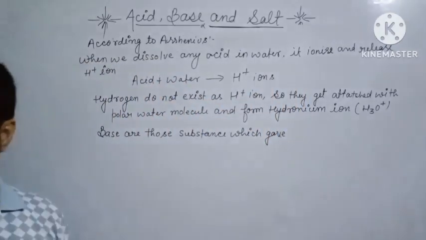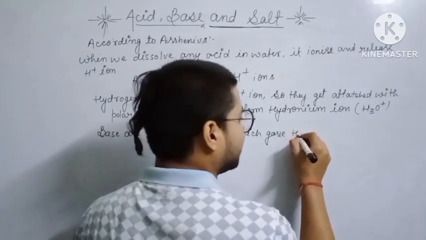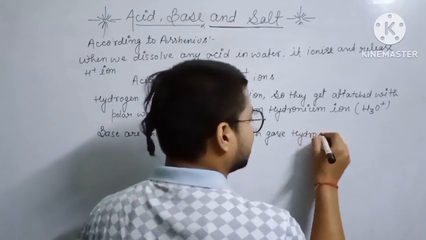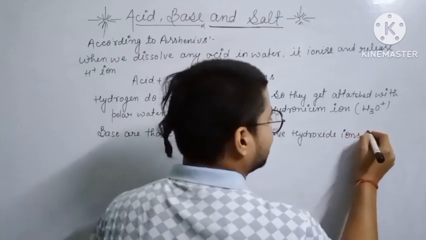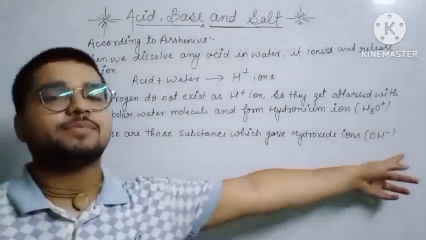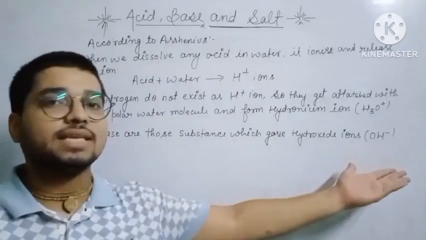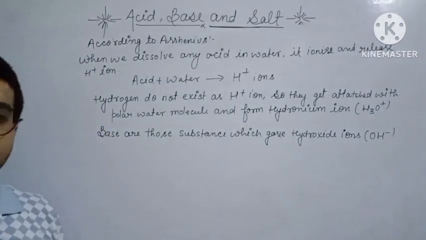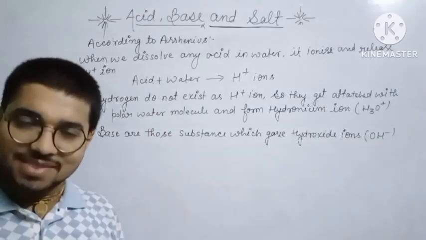Acid gives H plus ion and base gives OH minus, which means hydroxide ion. So base has a negative sign. So what can we conclude about the base? We can say that bases are electron acceptors. Base is an electron acceptor and acid is an electron donor. And bases are bitter in taste.